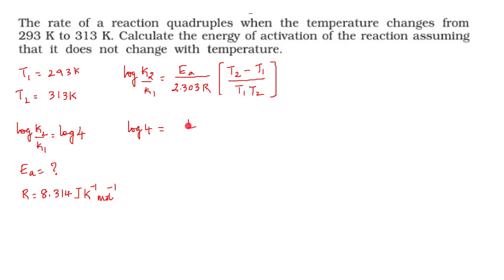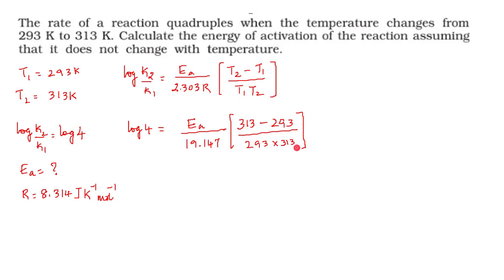Log of 4 is equal to Ea, which has to be calculated, divided by the denominator part, which becomes 19.147, into T2, which is 313, minus T1, which is 293, divided by T1 temperature 293 multiplied by T2, which is 313.